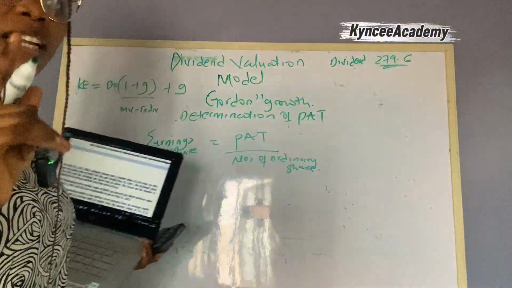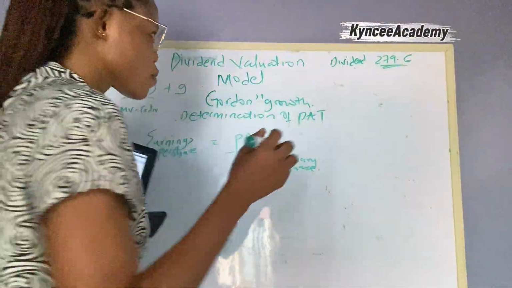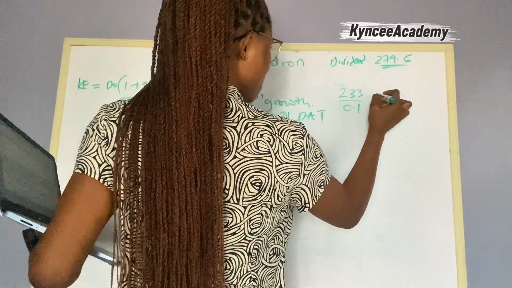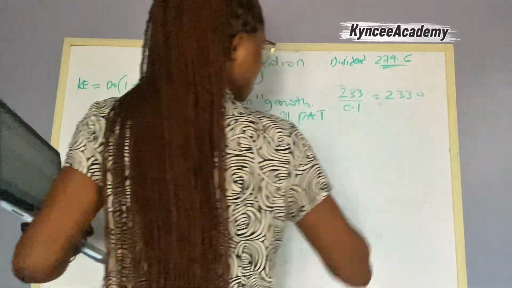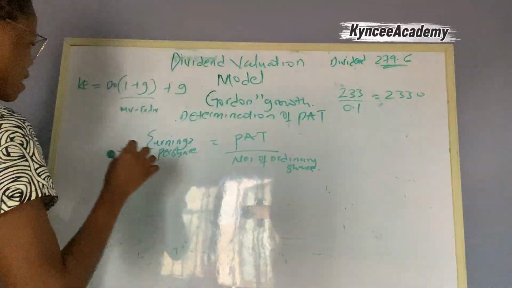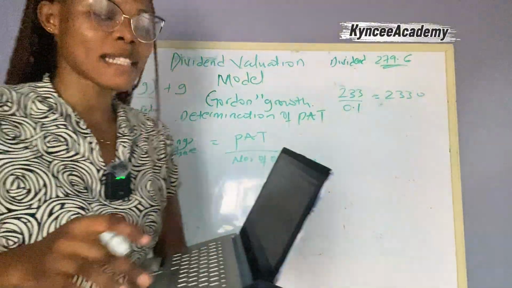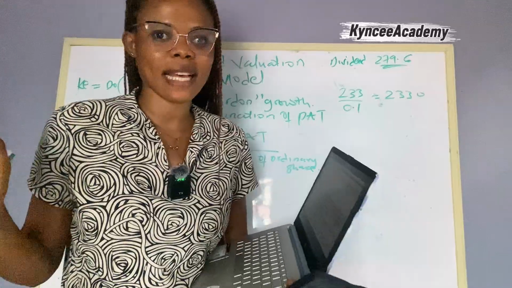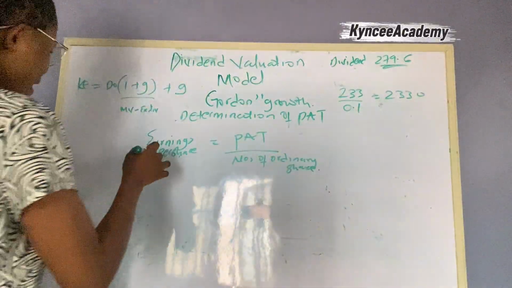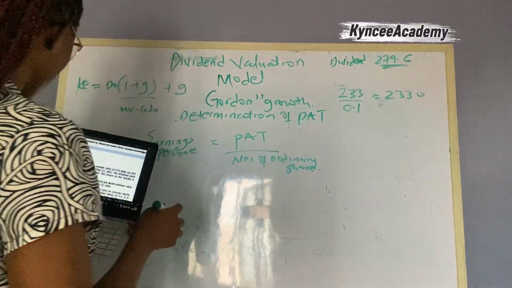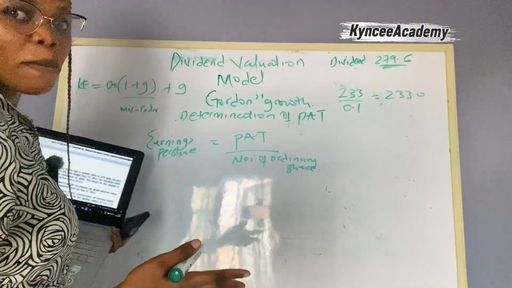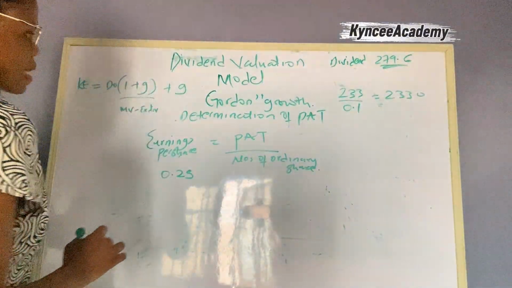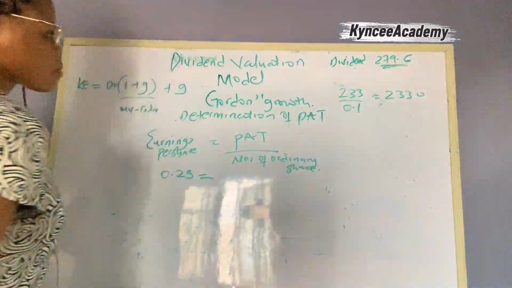Remember, our ordinary shares that we calculated earlier was 23 divided by 0.1. So all over that. Like I said, anywhere you see kobo, please convert it to naira. We cannot use kobo like that. So our earnings per share, which is 25 kobo, when you divide it by 100 gives you 0.25 naira, right?